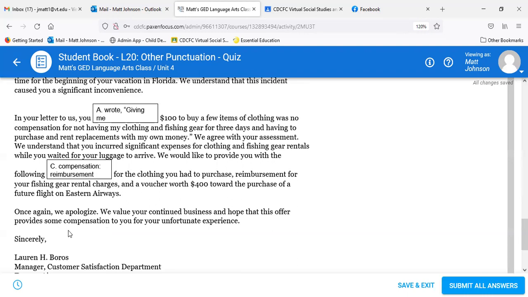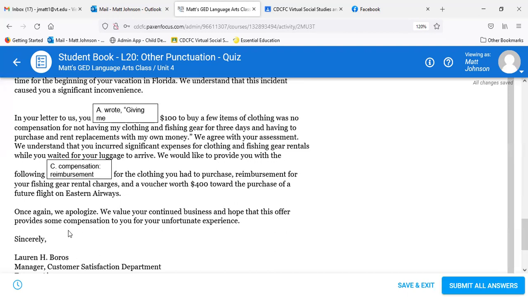Right now, we're going to follow with a colon, and then we list that information, right? So we would like to provide you with the following compensation, colon, reimbursement for the clothing you had to purchase, reimbursement for your fishing gear, rental charges, and a voucher worth $400 toward the purchase of a future flight on Eastern Airways.